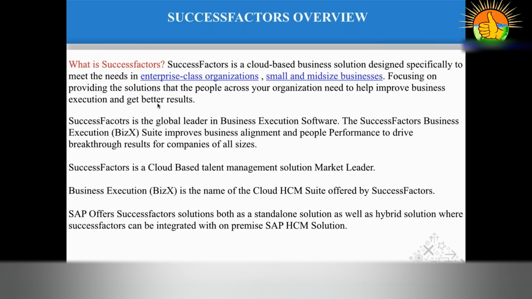SuccessFactors uses something called a business suite, which I'll tell you in a slide at a later point of time. The solutioning is done in such a way that resources will be selected according to their talents, and rewards will be given to them according to how they work, and the maximum utilization of resources and rewarding them happen.